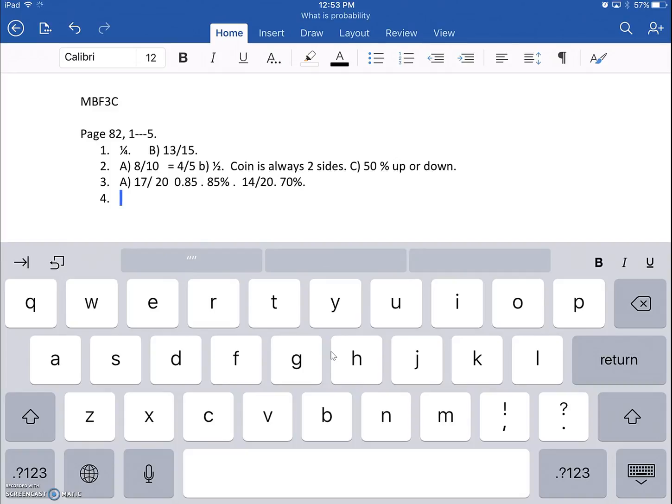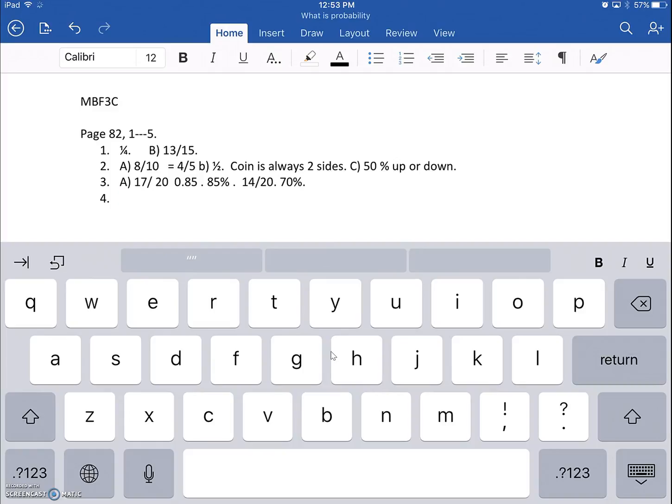Outcome 3 has a frequency of 7. Outcome 4 has a frequency of 5. Outcome 5 has a frequency of 6. The last outcome, outcome number 6, has a frequency of 2.